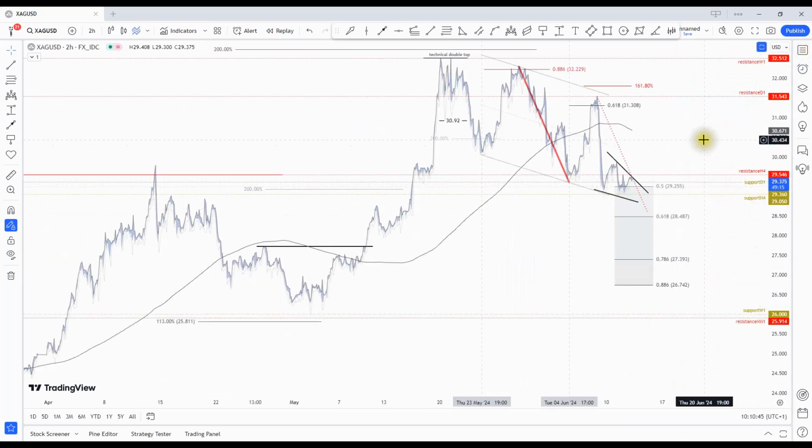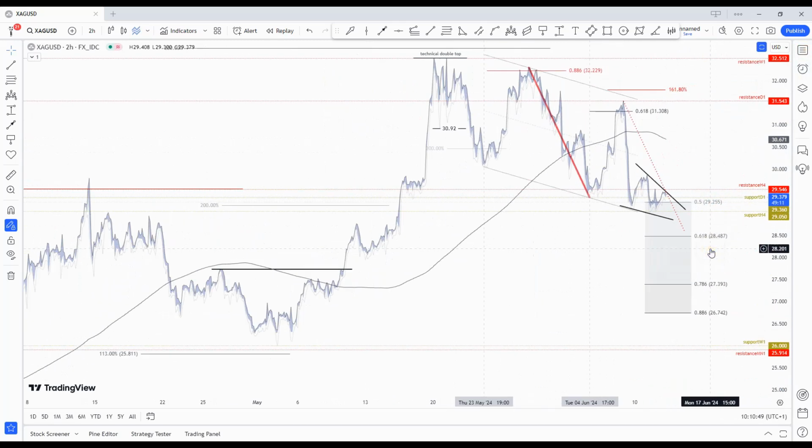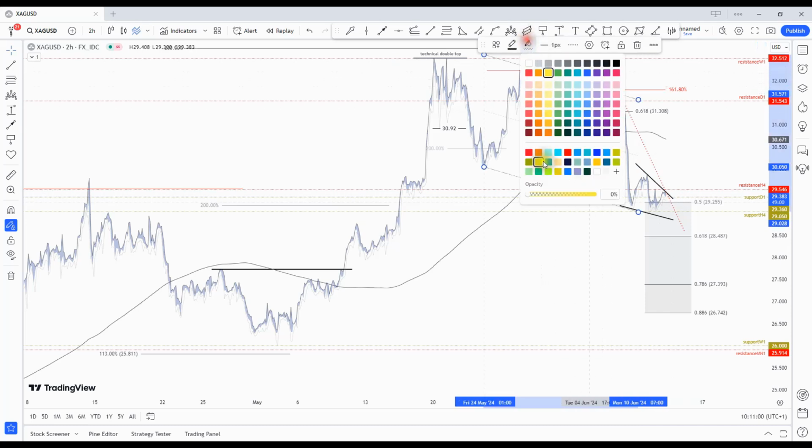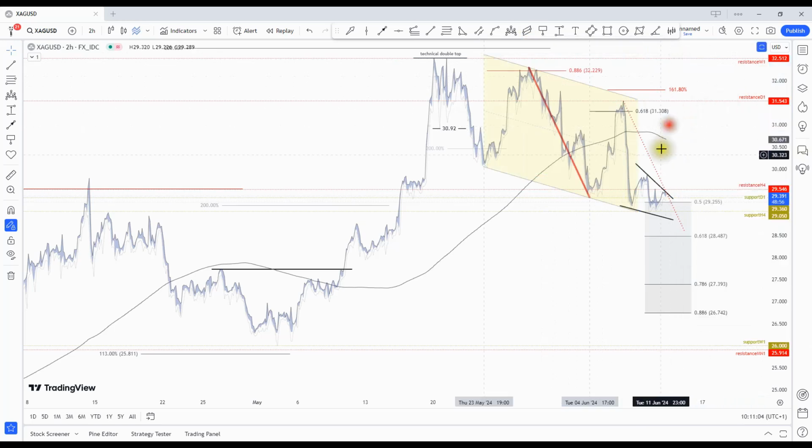So we don't have any specific harmonic pattern for silver, but we have what we may consider a descending wedge inside this parallel structure, if you want to consider this previous support level now being reinforced.